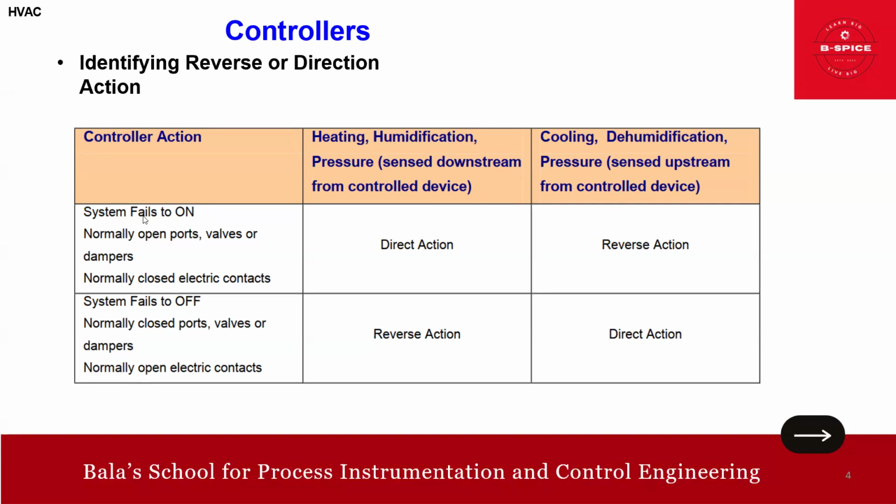And here you see system fails to on, normally open ports, normally closed electric contact. System fails to off, normally closed port, normally open electric contacts. So you have direct action, reverse action, direct action. I'm going to tell you with an example, but before that, how to use this table.